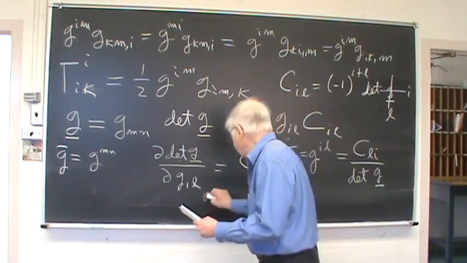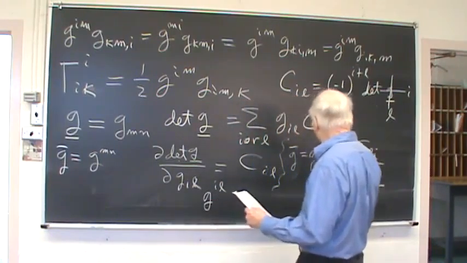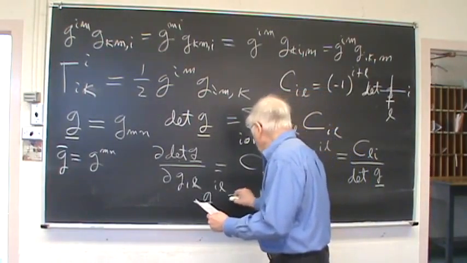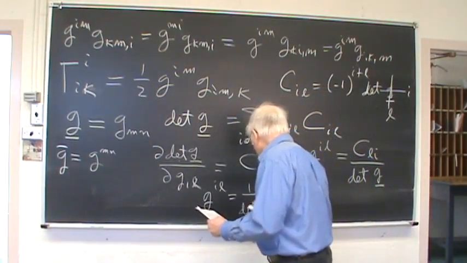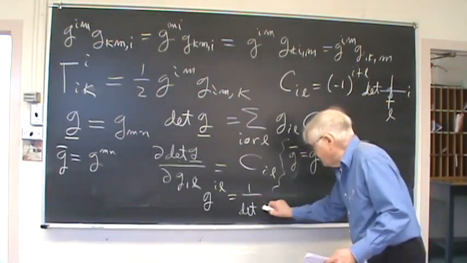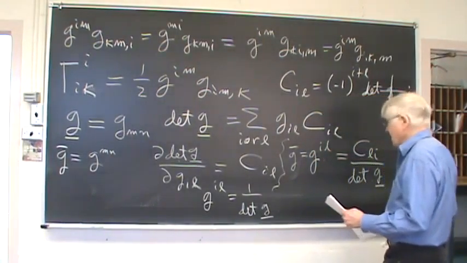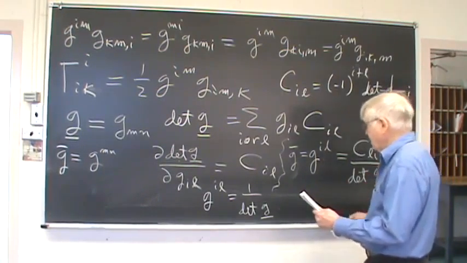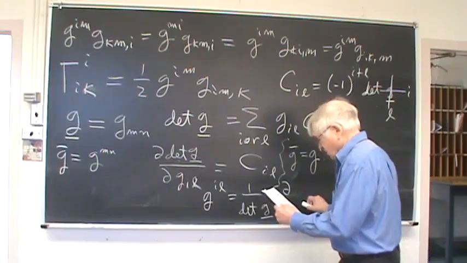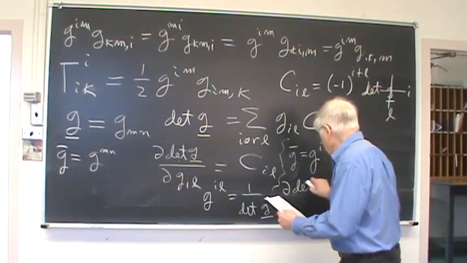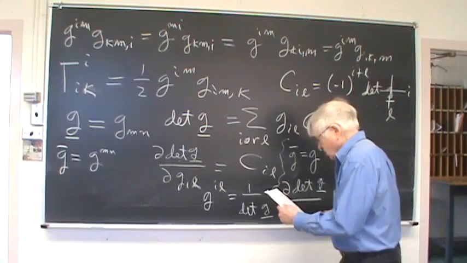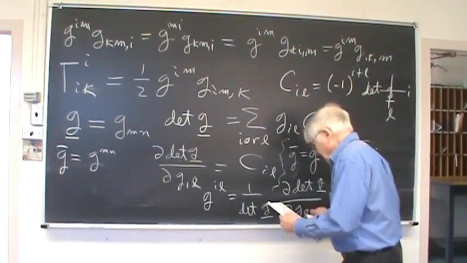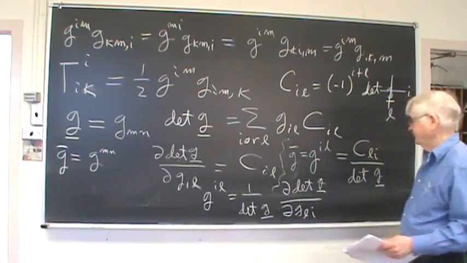Namely, what I can say is here, the G^{IL} is going to be 1 over the determinant of G covariant times C^{LI}, but C^{LI} is the partial derivative of the determinant of G underbar with respect to G_{LI}.